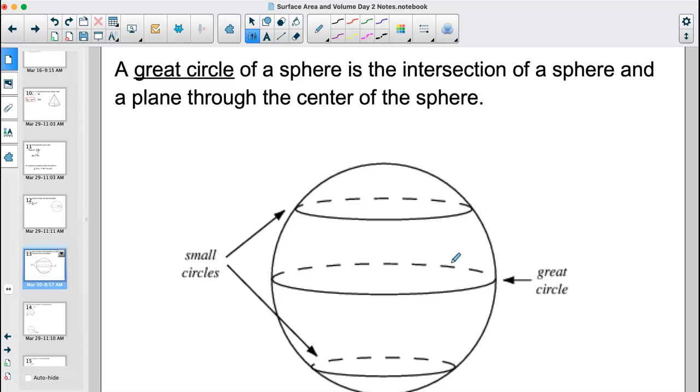Great circles, it turns out, are the fastest ways to get from place to place on the Earth. They're the shortest distances. I think the word for that is geodesic. That means sometimes when you fly from here to Alaska, you don't go straight across the country, you go over the Arctic Circle. It's very strange.